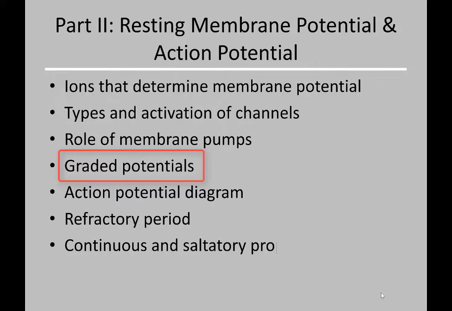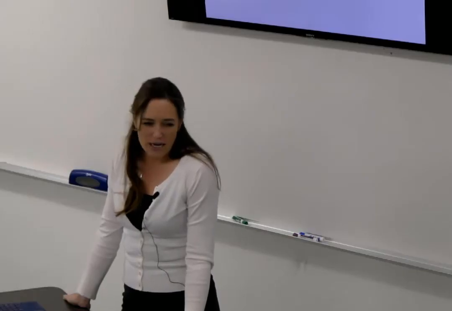So the pump is going to reestablish that balance. What is a graded potential? You can have a graded potential that is depolarizing. If it's depolarizing, it's going to be more positive. But it's graded, so it didn't hit the threshold point. It just means we got a little bit of positive, and the pump's going to make everything go back to normal, so we're back down to resting again.